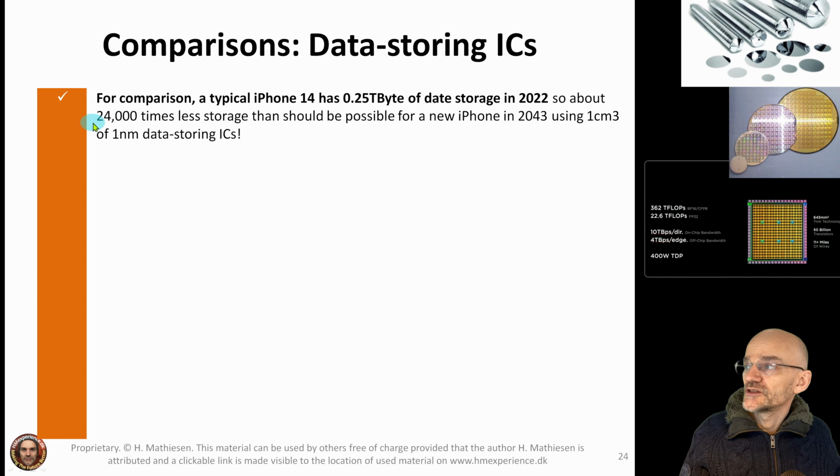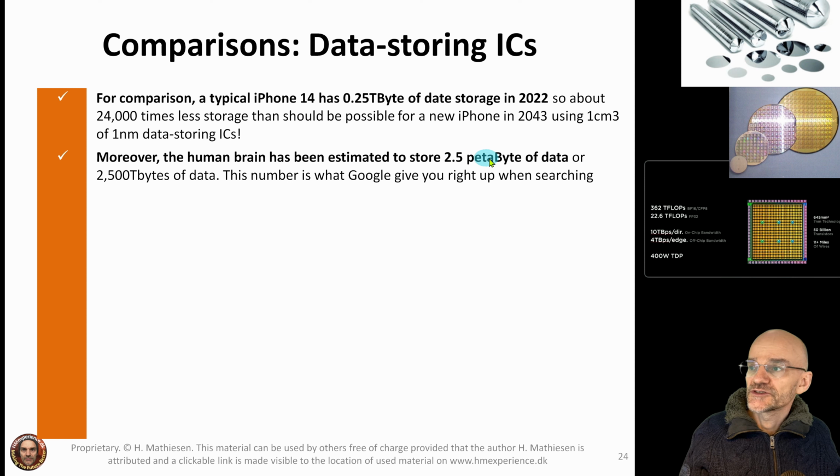So that would be 24,000 times less data storage than should be possible in a new iPhone in 2043 using 1 cubic centimeter of 1 nanometer data storing ICs. So yeah, we can expect that any storage problems we have today with running out of space on an iPhone will be completely in the past in the next few years, because they will store a lot.